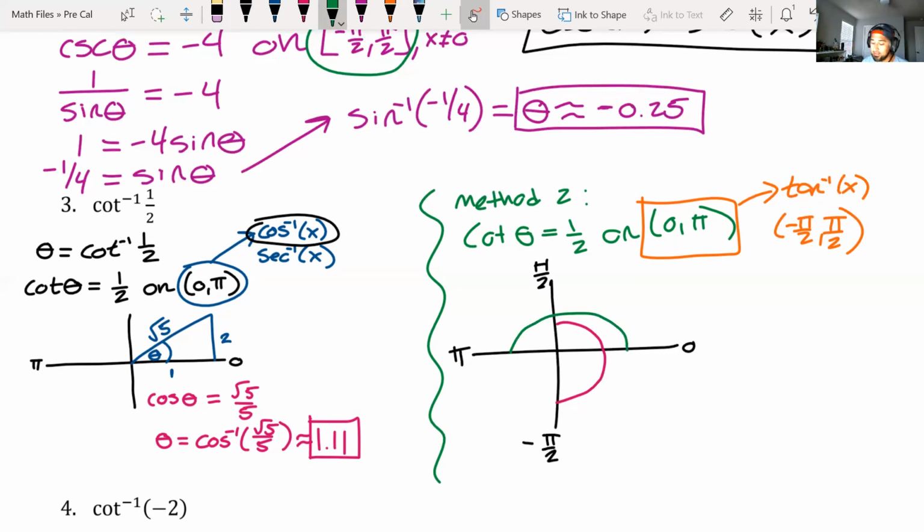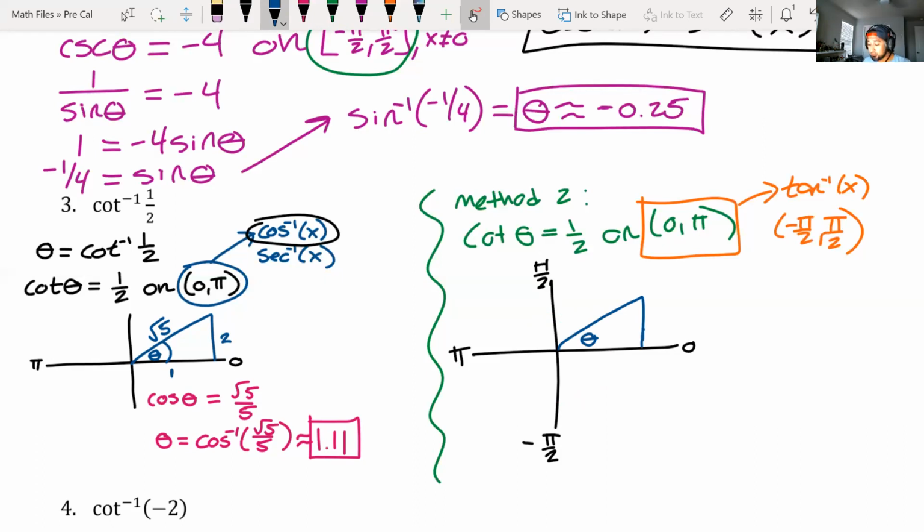And cotangent lives in quadrants 1 and 2. Which quadrant do cotangent and tangent share? 1. They share quadrant 1. Good. So this means they're going to have the exact same output in quadrant 1, whatever our triangle would be and theta.